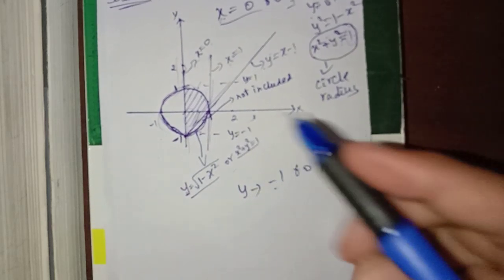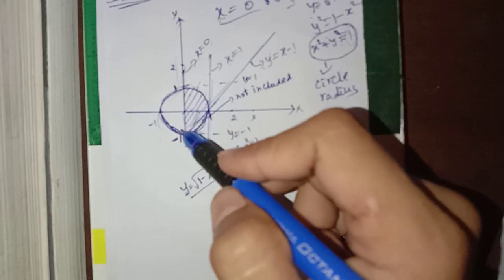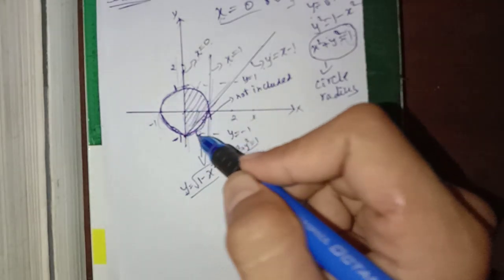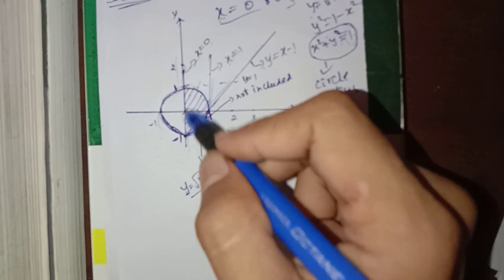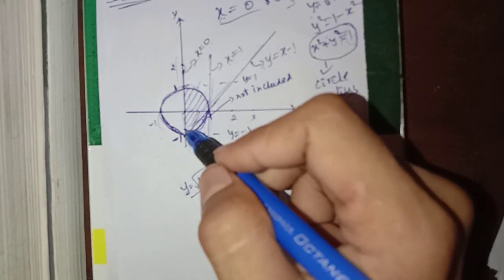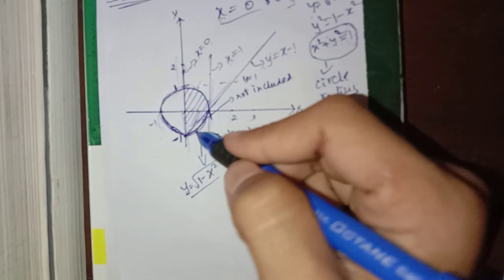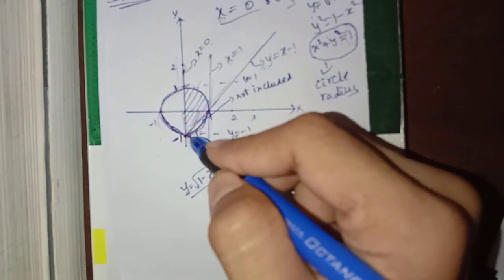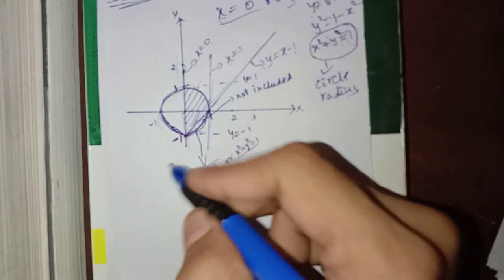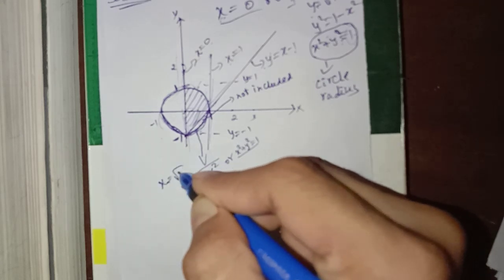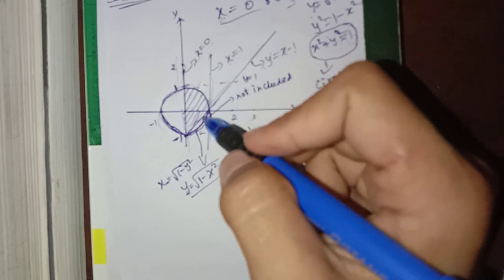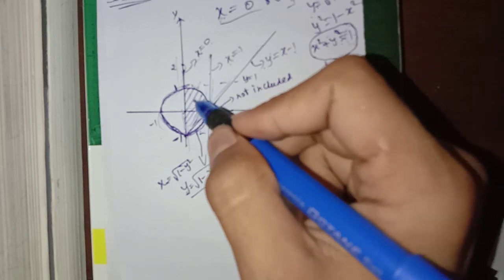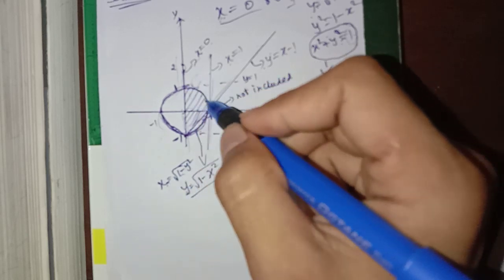But can we take the x limit in terms of y here? If we take x is equal to 0, this is the x is equal to 0 line. And this is x is equal to root of 1 minus y square, the circle.